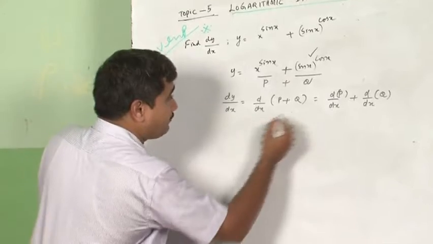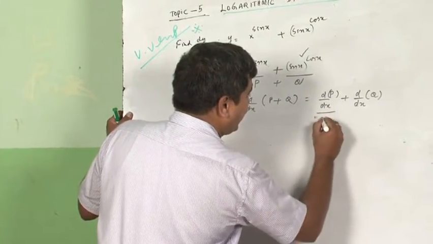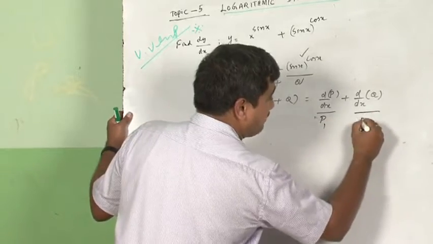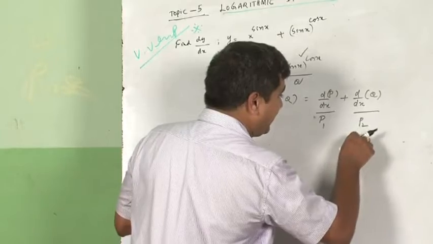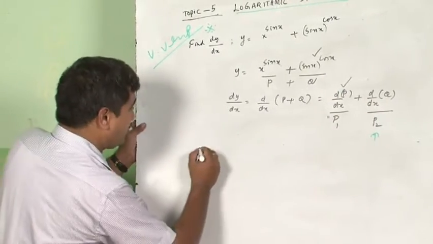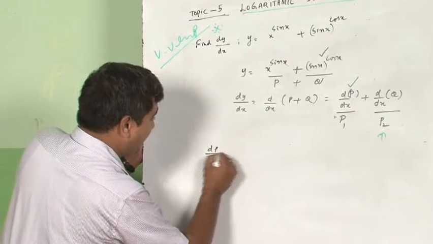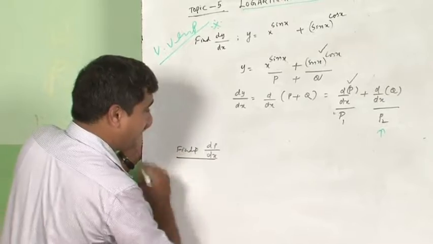So now this is my first part, part 1, which I will be completing, and this is part 2. The differentiation of part 2 I have already completed, so I will be focusing on this. First of all, I will find dp by dx. How to find dp by dx?